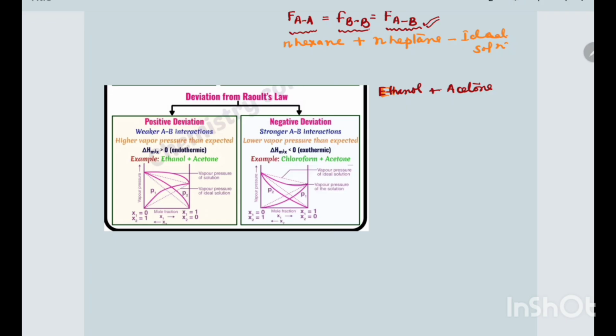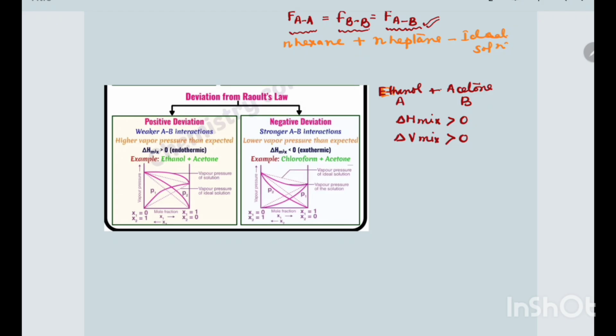Now, in the mixture of ethanol and acetone, it has been observed that when these two components are mixed together, then delta H mixing is greater than 0. Also, it has been observed that delta V mixing is equal to 0.